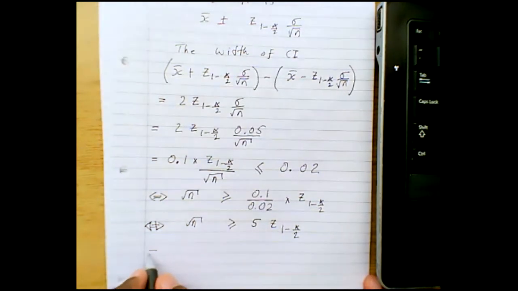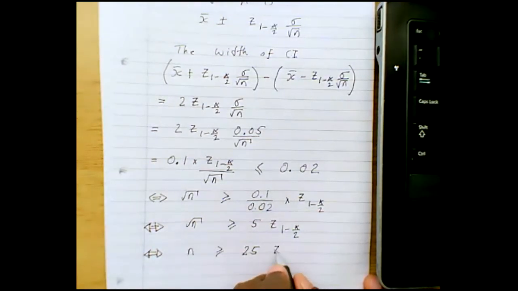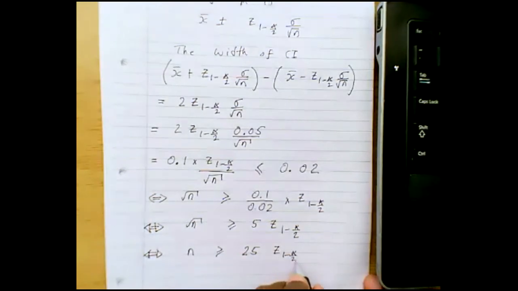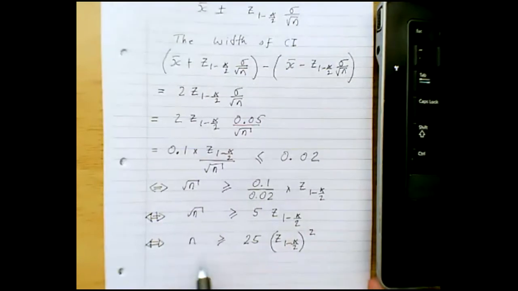In other words, n must be greater than or equal to 25 times z squared. So this n is the sample size, and it must be greater than or equal to this.